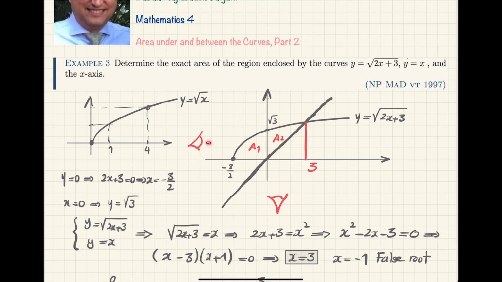But look, if I look from this perspective, what is happening? The area that I am interested in is always between the same two curves. I don't need to decompose it into two parts, because the lower curve in this case is this, and the upper curve is that.